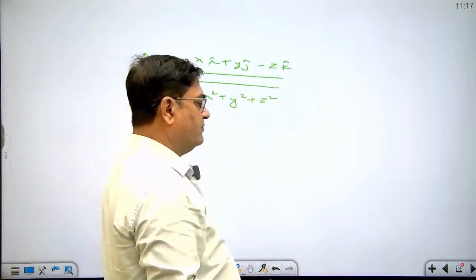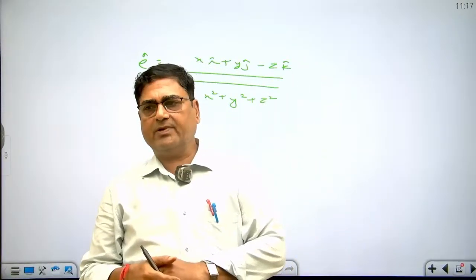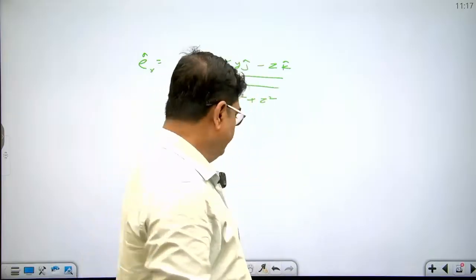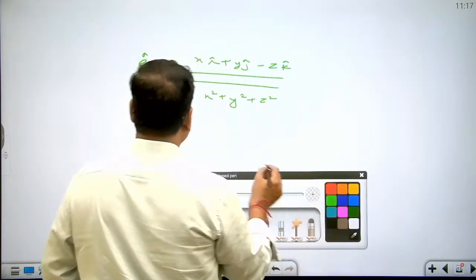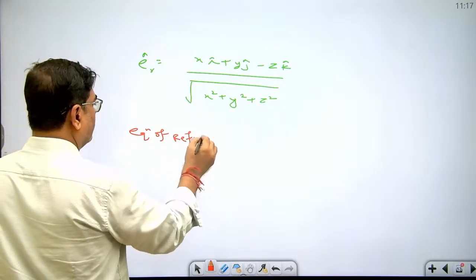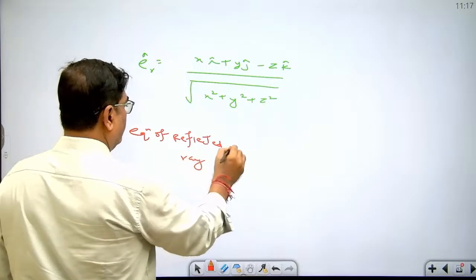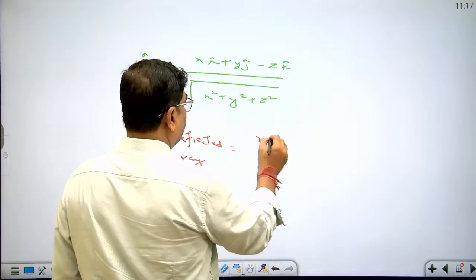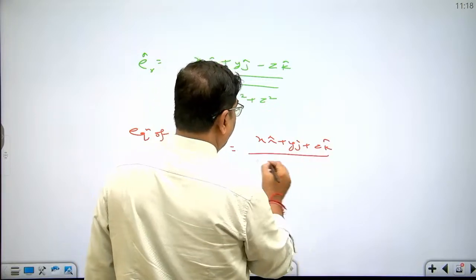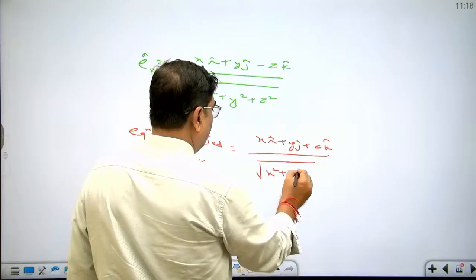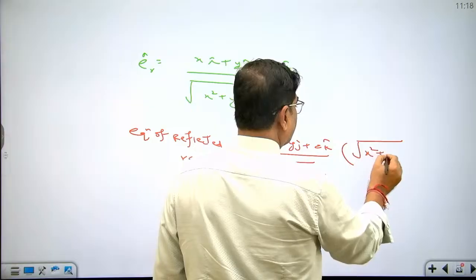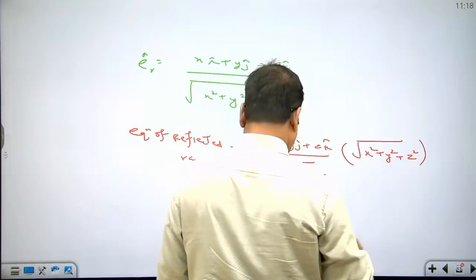So dear student, how do we define a vector in the chapter of vectors? Any vector can be defined as the magnitude of the vector multiplied by the unit vector. So in our question, the equation of the reflected ray can be written as x i cap plus y j cap plus z k cap divided by under root x square plus y square plus z square, multiplied by the magnitude, that is under root x square plus y square plus z square.